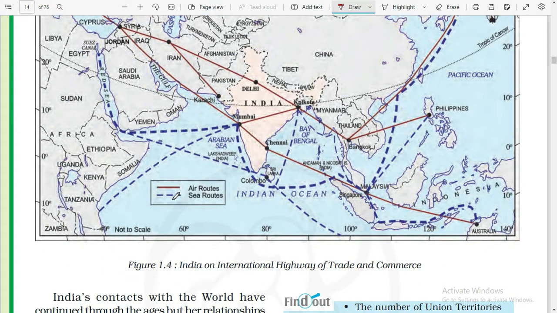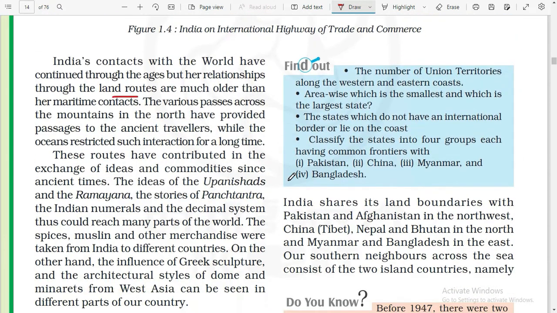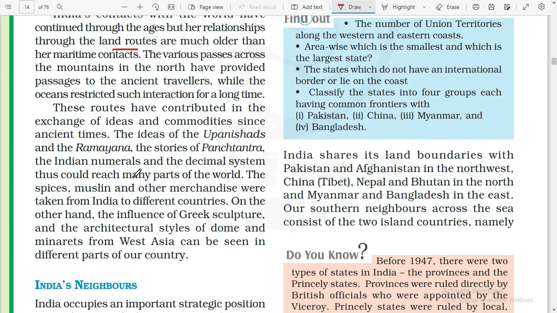These sea routes were developed much later, but the land routes from India to Pakistan, Iran, Turkey, Iraq, Syria, etc. were established long before, and we had a lot of exchanges, people going from here to there and there to here. There were exchanges of various forms, like the ideas of the Upanishads and Ramayana and the stories of Panchatantra, and the Indian numerals and the decimal system could reach many parts of the world through land routes.